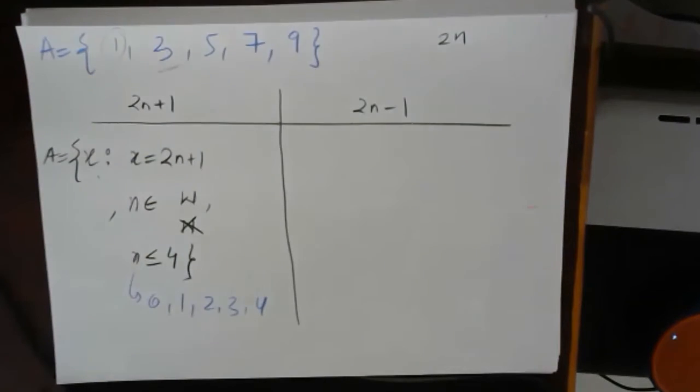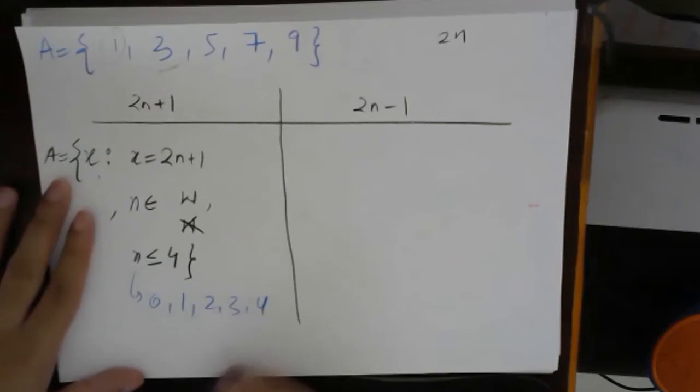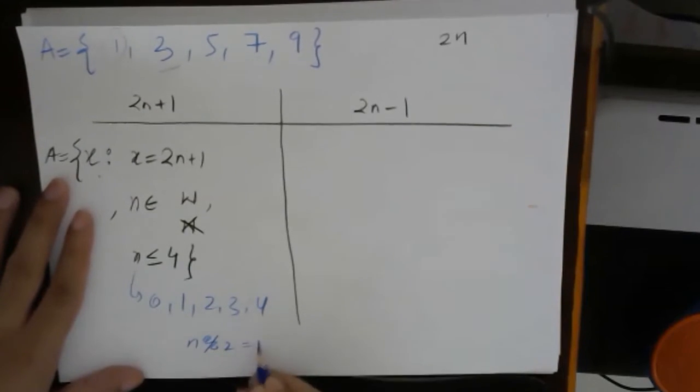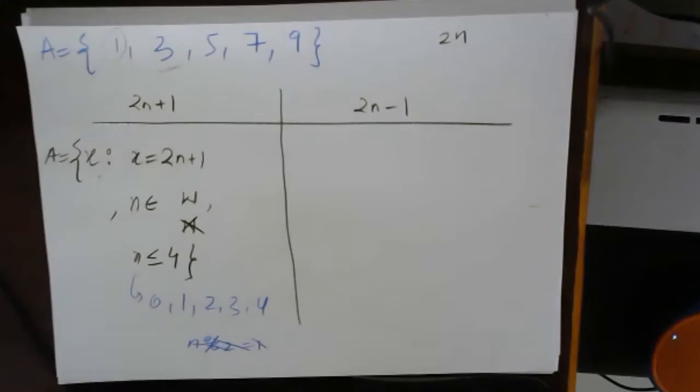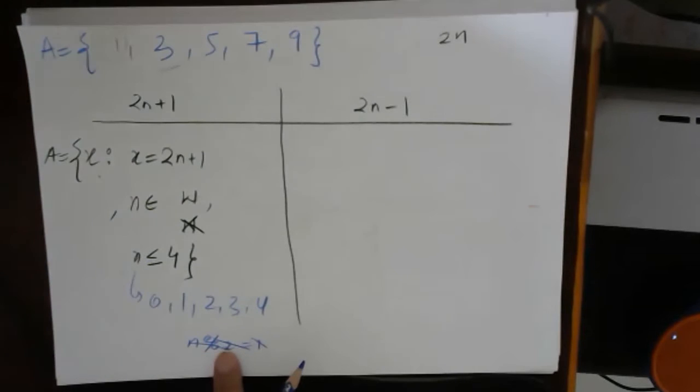Some of you are using the mod property. That is also okay, but I have not taught mod, so that is why I am not taking it. This is the easiest way of representing. Some of you are taking that any n divided by 2 should give you remainder 1, using mod. You can use this also, but because many students have not used modulus functions, I'm not teaching that part.